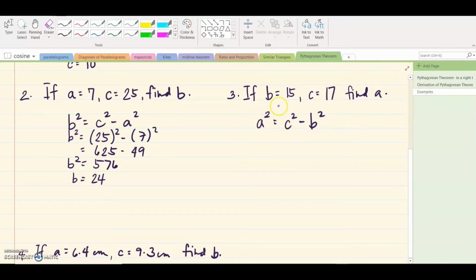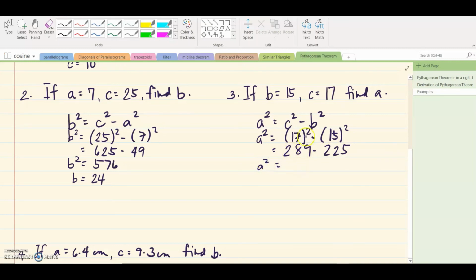Okay, next, number 3. If b equals 15, c equals 17, find a. So we use a squared equals c squared minus b squared. So a squared equals c, which is the longest side, 17 squared minus 15 squared. 17 squared is 289 minus 225.